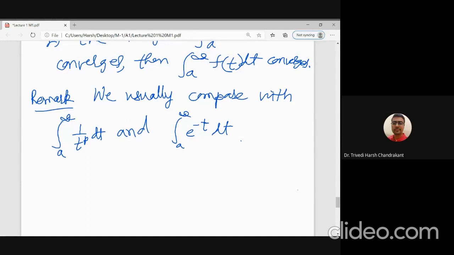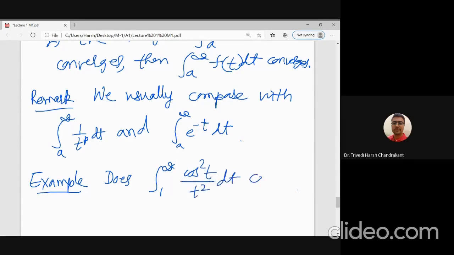Depending on which function is given, based on that we use this comparison test. So the first example is: does the integral from 1 to infinity of cos square t by t square converge?